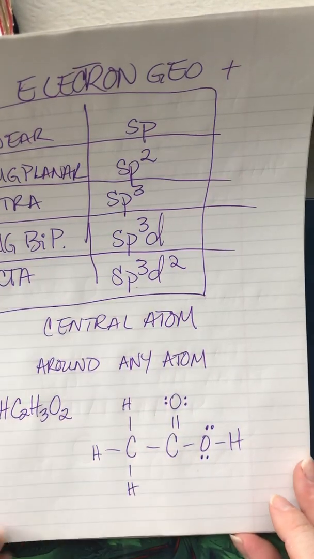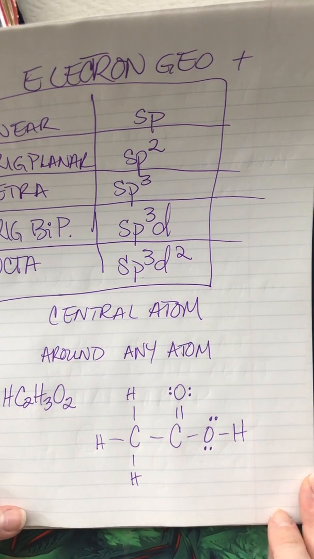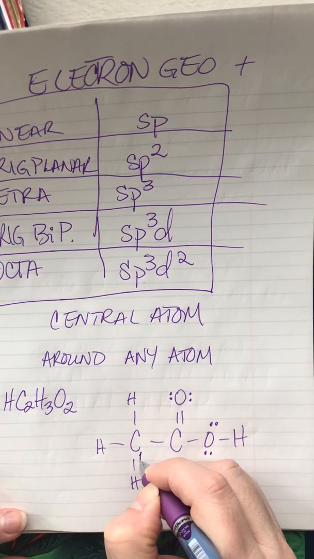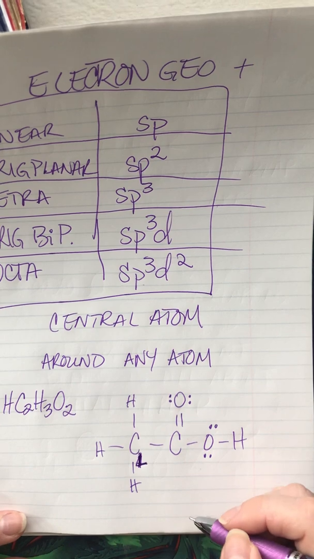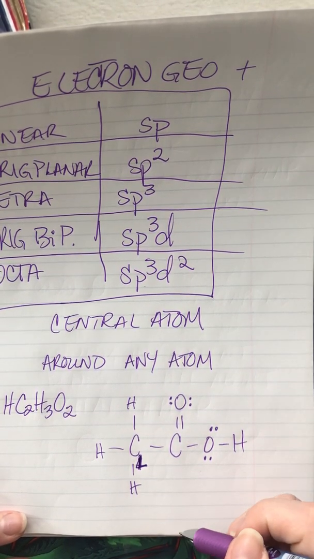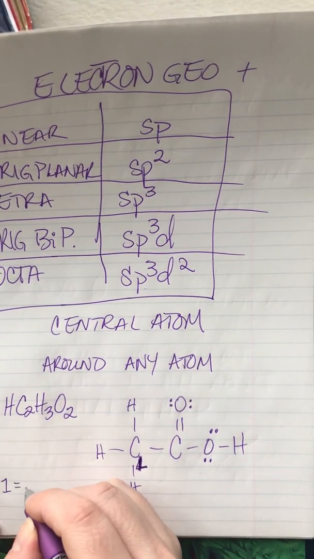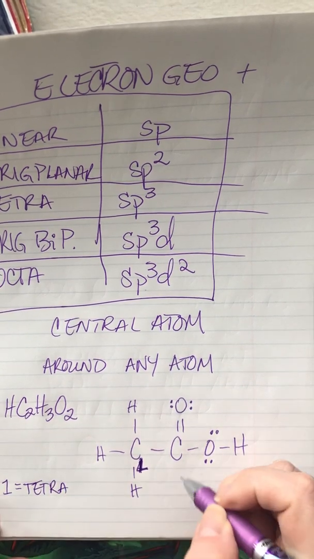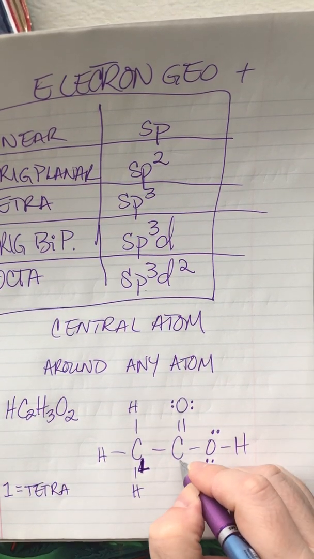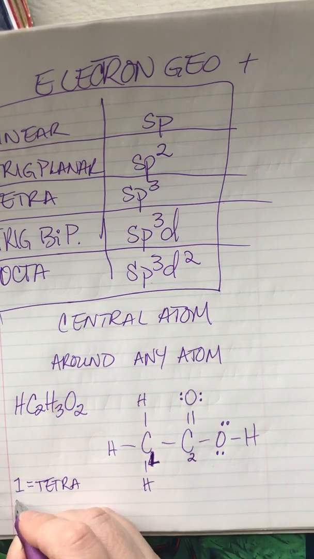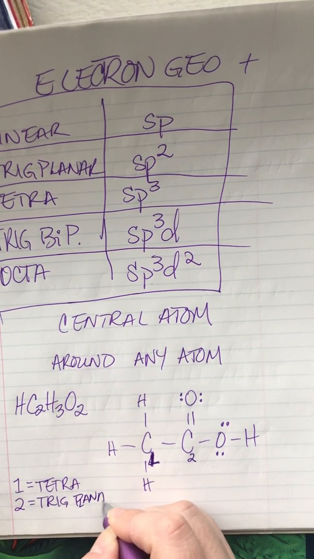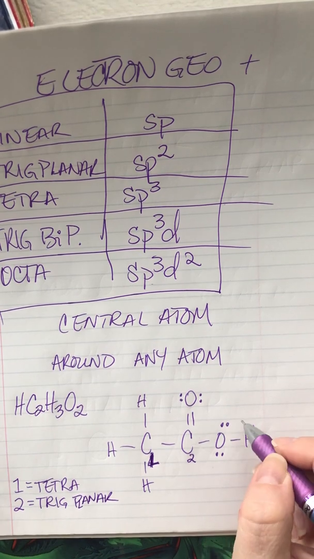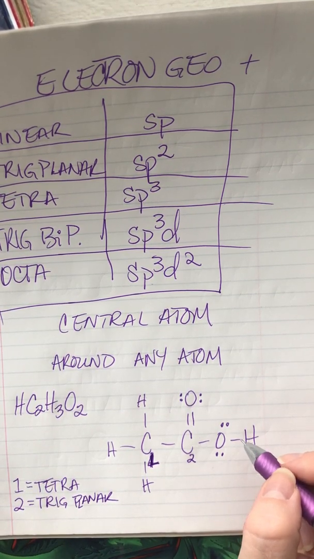So if we're looking at the Lewis structure for acetic acid, and we look at this as our first atom, what's the geometry here? The electron geometry. Tetrahedral, right? What about here? Trigonal planar. And what about the electron geometry here? Tetrahedral.